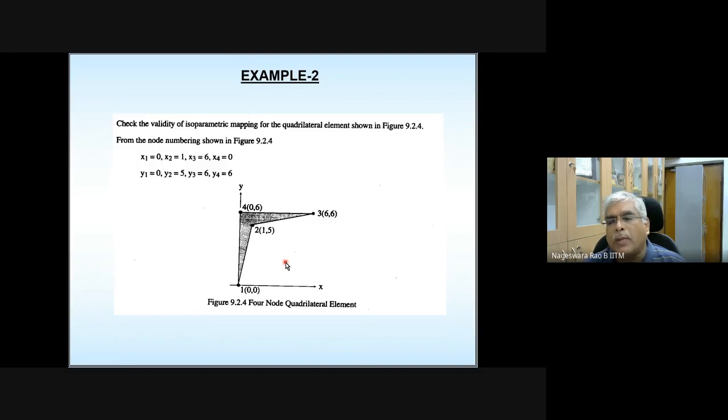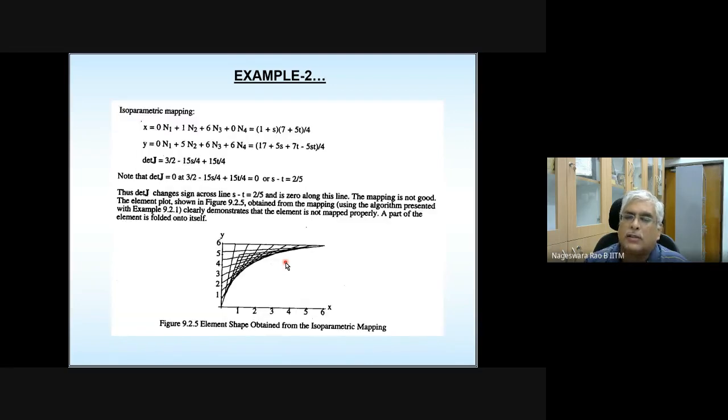And if you use commercial software like ANSYS, Abaqus, or some other software, you will see some warning messages. The commercial software itself will check whether the quality of the element is good or not. The software is going to check whether this kind of thing is happening or not.